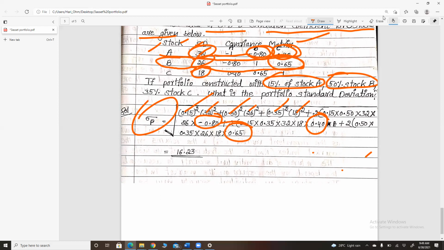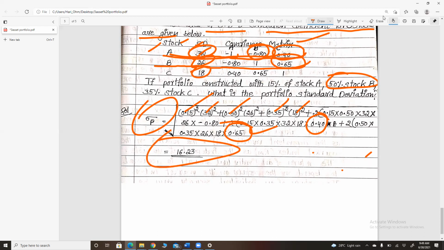R12 is minus 0.80, R13 is 0.40, and R23 is 0.65. Okay, clear? The answer is 16.23.